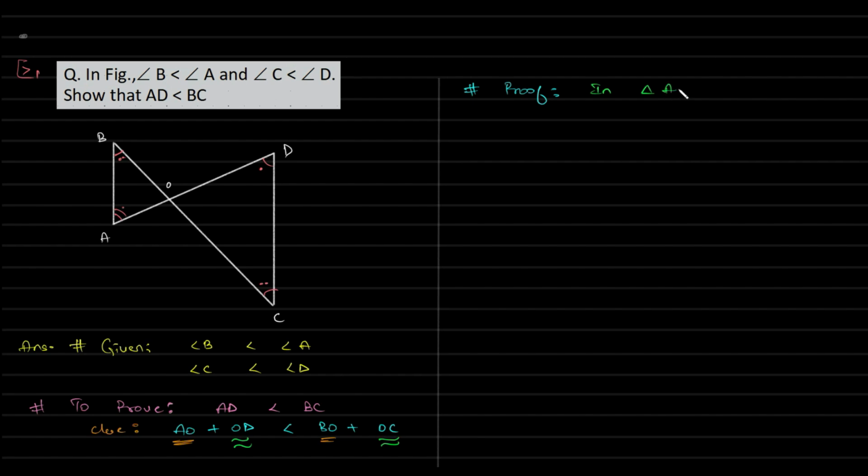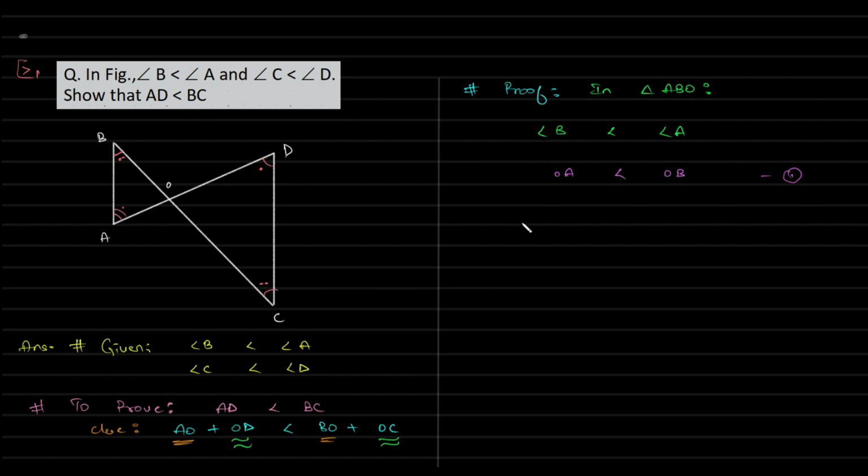In triangle AOB, angle B is lesser than angle A. So we have angle B which is less than angle A, that is side AO is lesser than the side OB. This we can call equation 1.